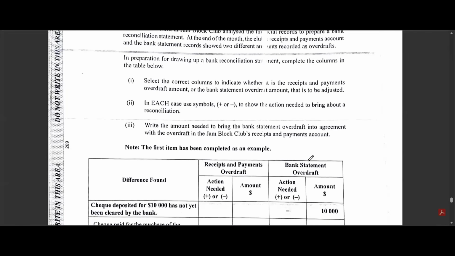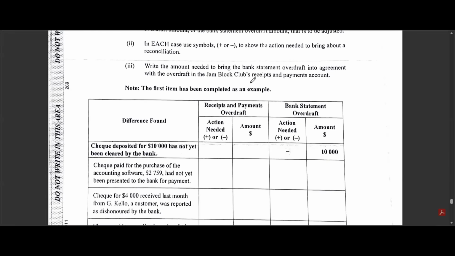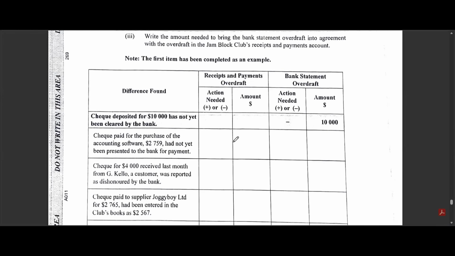So let's say which one is to be adjusted. In each case say whether it's going to be increased or decreased, and write in the amount needed to bring the bank statement overdraft into agreement with the overdraft in the Jam Block Club receipts and payments account. Alright, we just have to put whether it's going to increase or decrease and the amount. That's all. So simple.